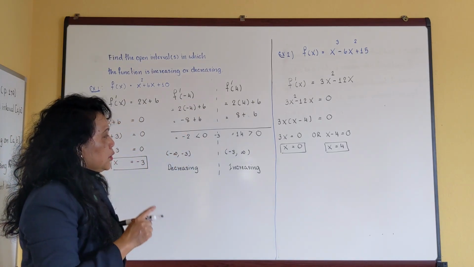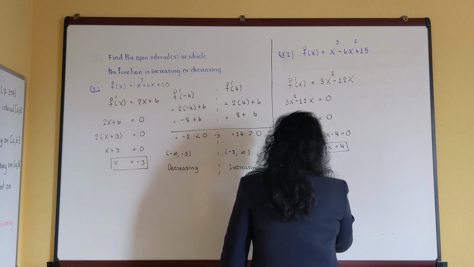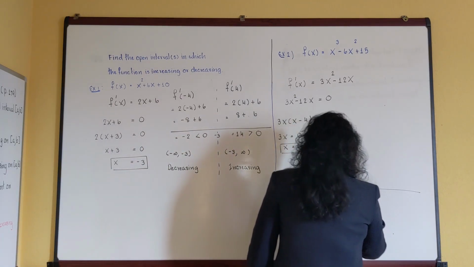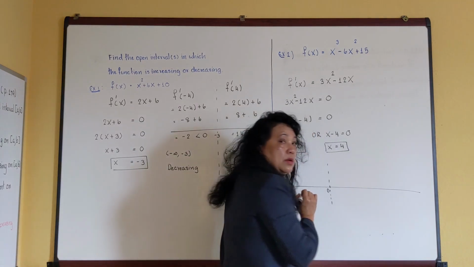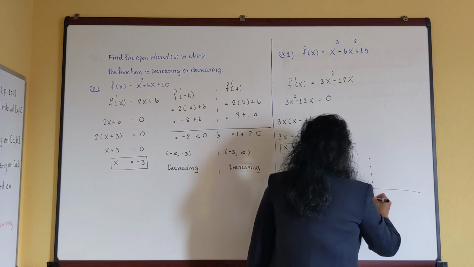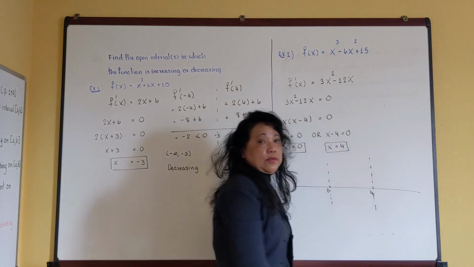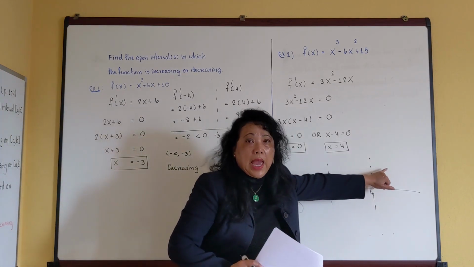I have two critical numbers. Let's look at the number line. Zero is over here, 4 is over here. So I have three regions: 1, 2, and 3.